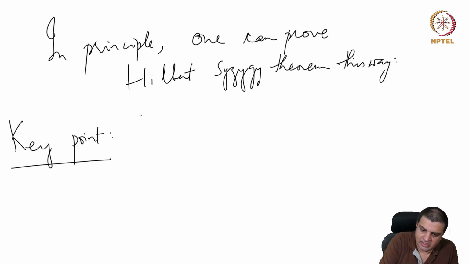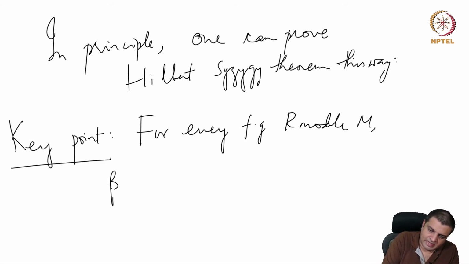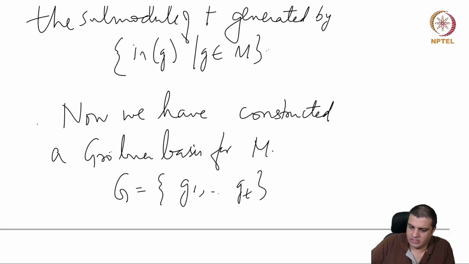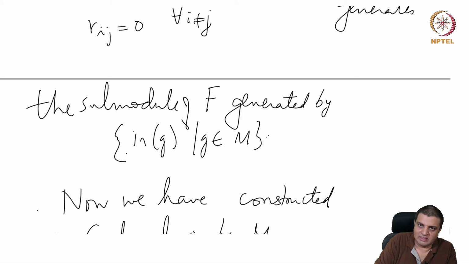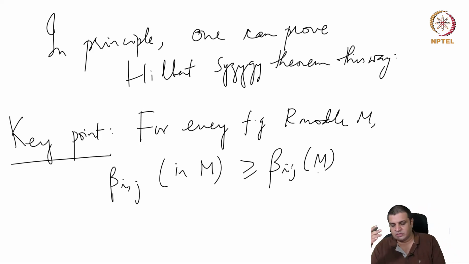For every finitely generated R-module M, the graded Betti numbers of its initial module, which is the submodule that the initial terms of the Gröbner basis generate, are bigger than or equal to beta_ij of M. So this needs a way to move from M to in(M) in some controlled fashion, in which you can compare the free resolutions, the ranks of the free modules in the free resolution.